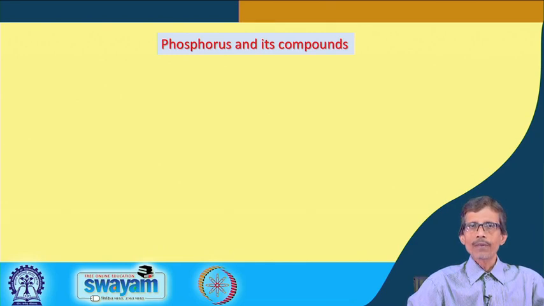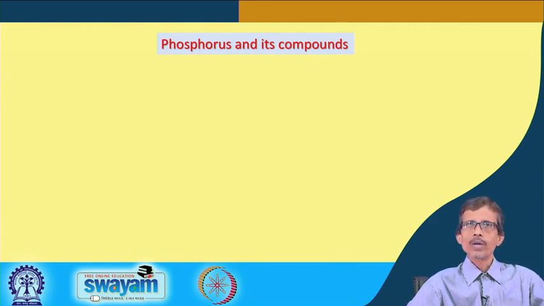If we have a supply of these phosphate rocks for industrial purposes, we can utilize them for isolating phosphorus as elemental phosphorus. So isolation of elemental phosphorus as well as its conversion to compounds will be our discussion today.